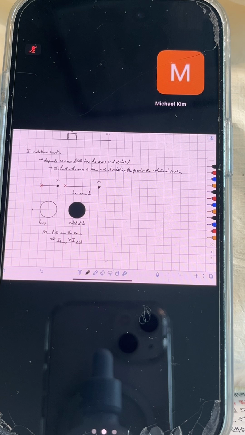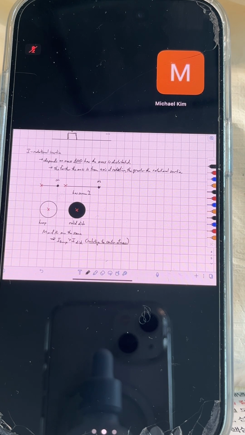And this is all relative to the center of mass. This has more rotational inertia than this because, here, all of my mass is this distance r away. Here, I've got the same total mass, but some of the mass is going to be right next to the axis of rotation. So that told me my rotational inertia here is going to be less than here.